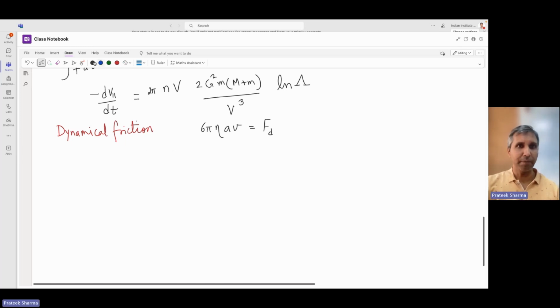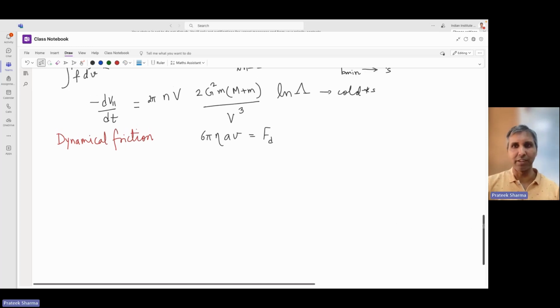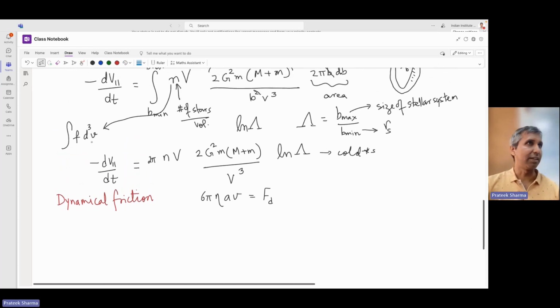So this is assuming cold stars. They don't have thermal motions. If we do this formula more carefully, then we have that distribution function guy. Let me look at V less than sigma.